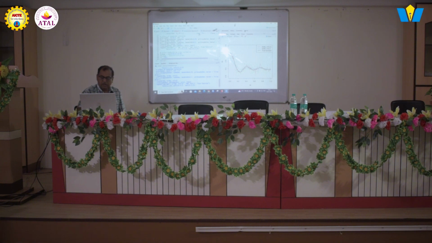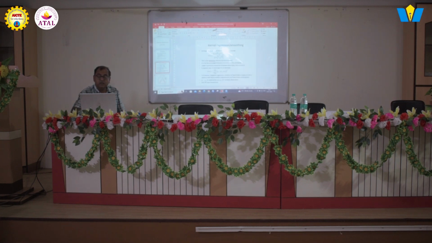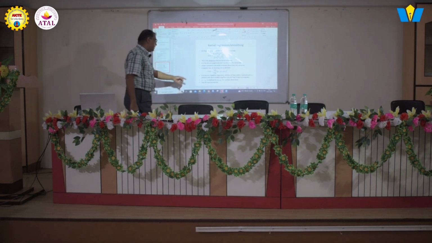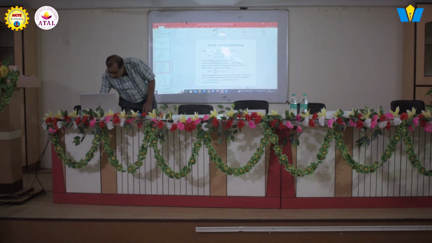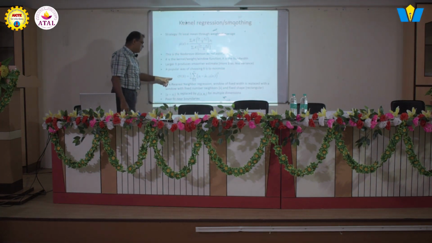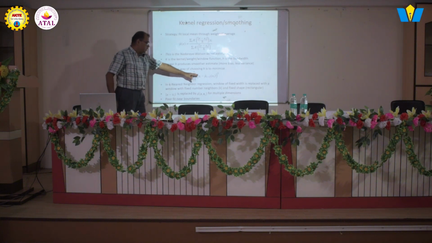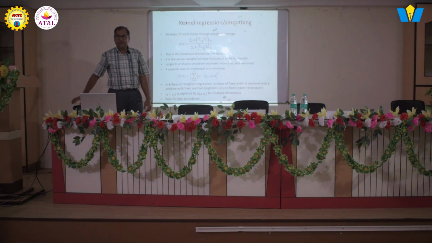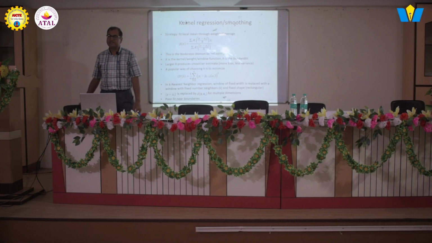Now I'll tell you how we can choose the bandwidth. This is a popular way of choosing the bandwidth. So what will you do? You leave out one data point from your entire data set.